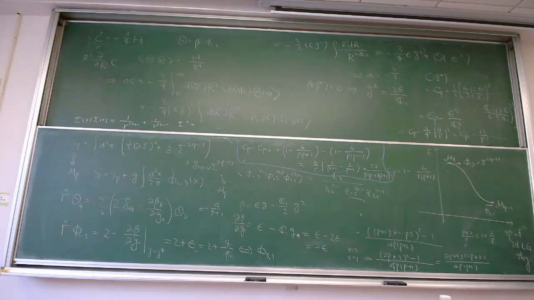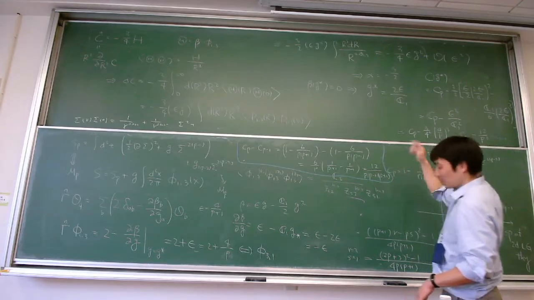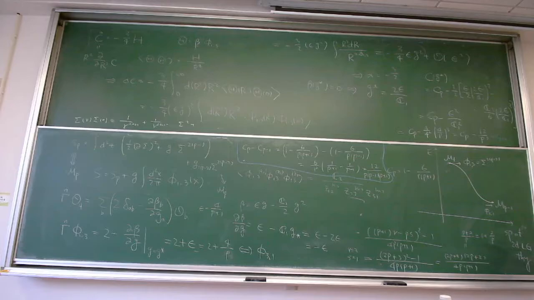So this is a very good example to understand the RG flow, even though I made a lot of mistakes in explaining. Kaishin helped me.